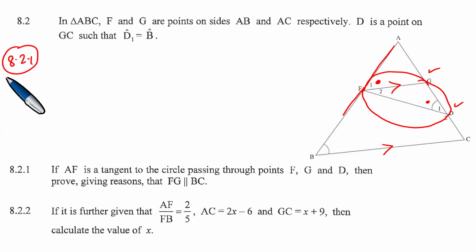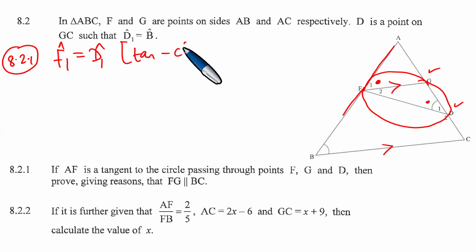Using the tangent chord theorem, we first say angle F1 is equal to angle D1, which is the tangent chord theorem.